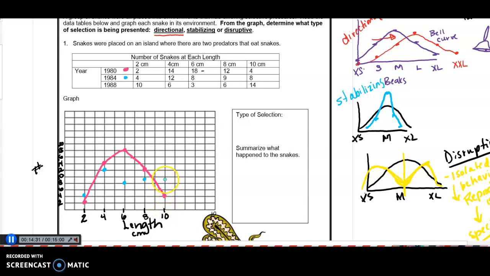And at 10, there are 8. Okay. Now let's do the last one quick. We'll do the last one in 1988. We'll do green. I've already added the plots.